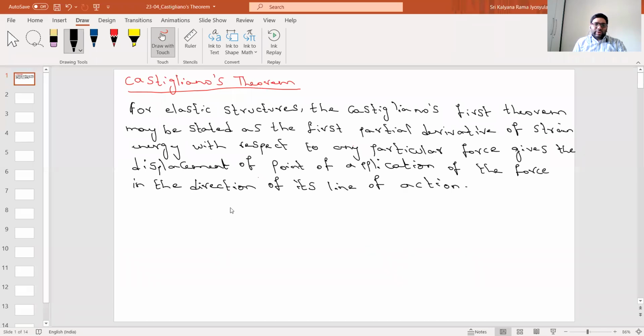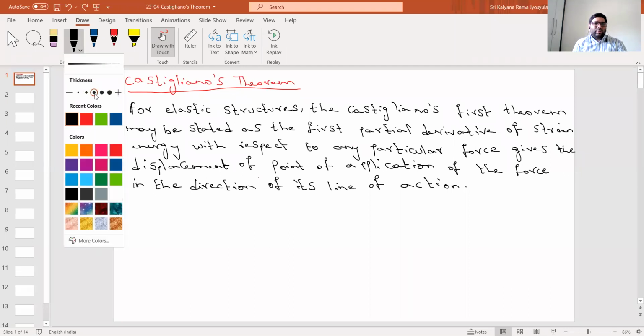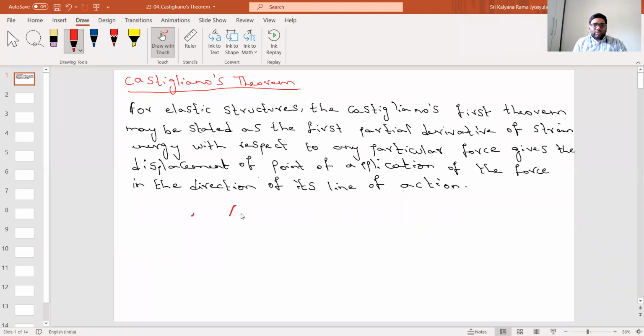So how does it give? Delta is equal to dou U by dou P. So what does that mean?